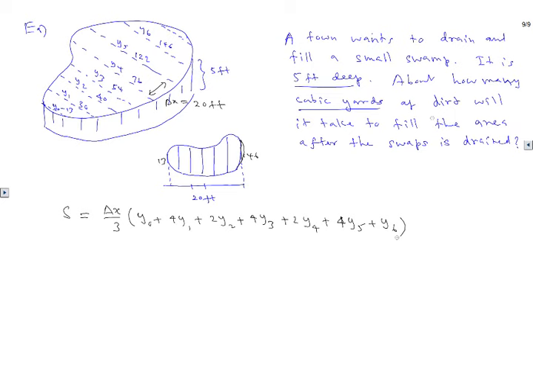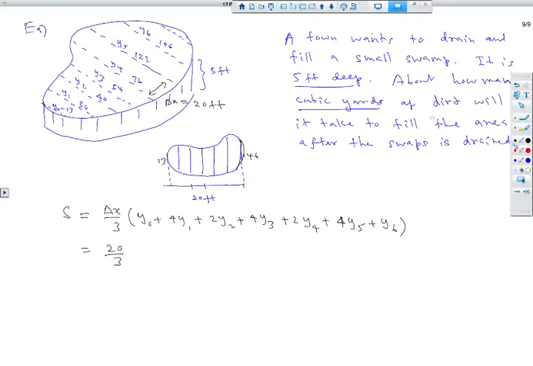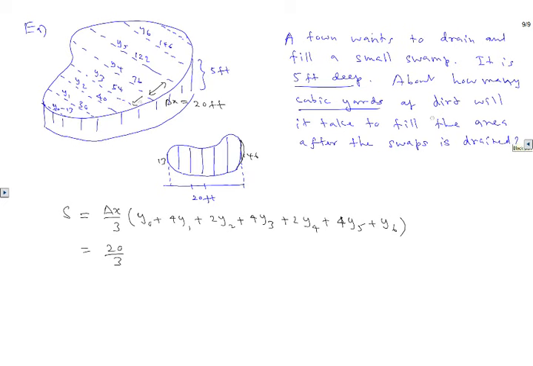Okay, now let's plug in. This is 20 over 3. You decide how many gaps you want to make; we measure at equal distance, so each gap is 20.